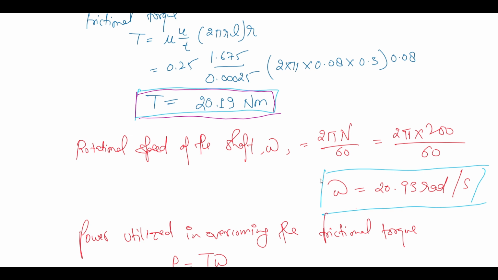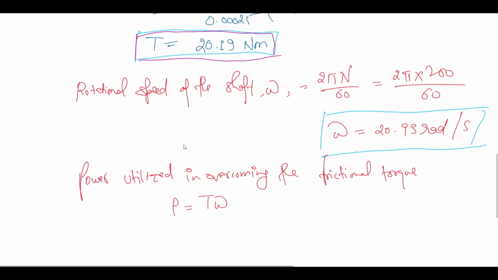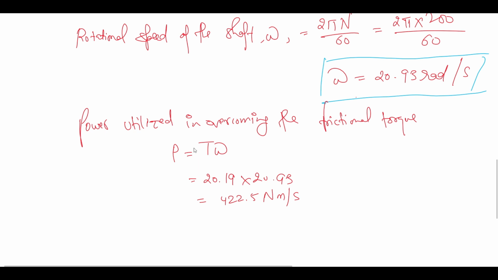I have T, and I also have omega. Now put the values of both here. I get 20.19 into 20.93, which is equal to 422.5 Newton meter per second, or I can write it as 422.5 watt.